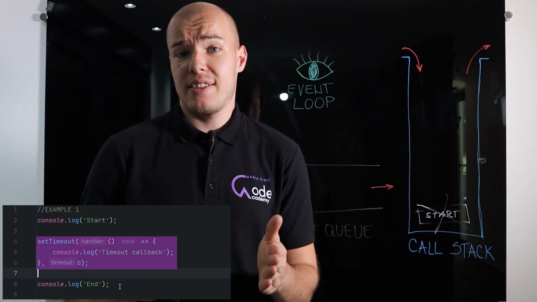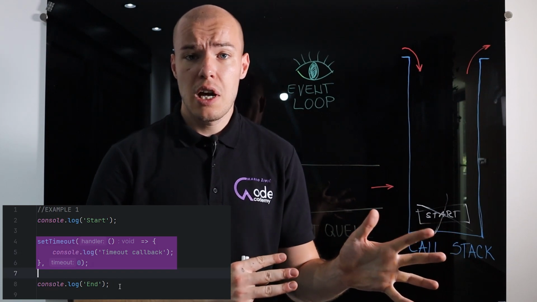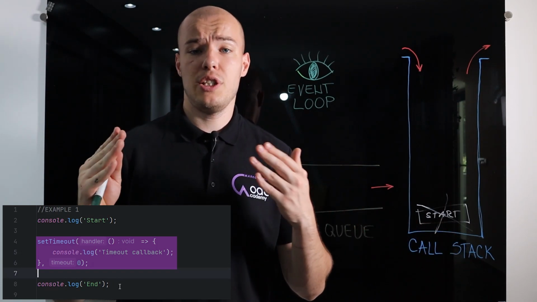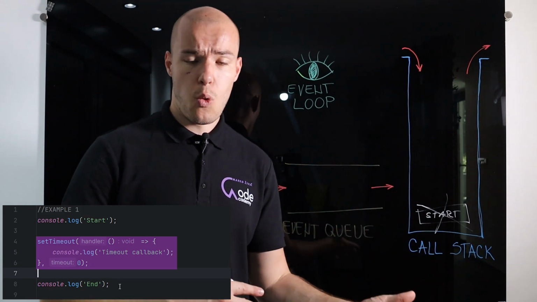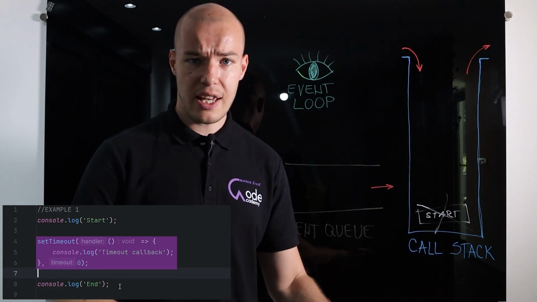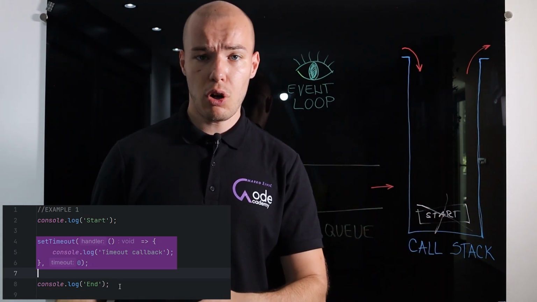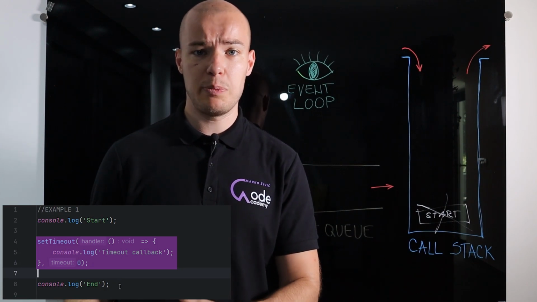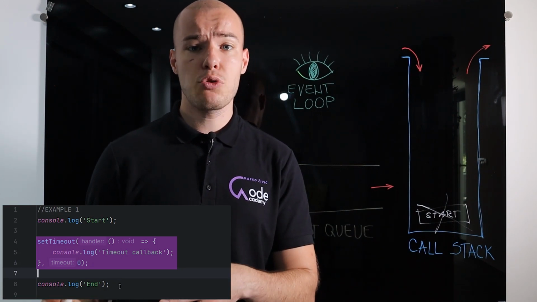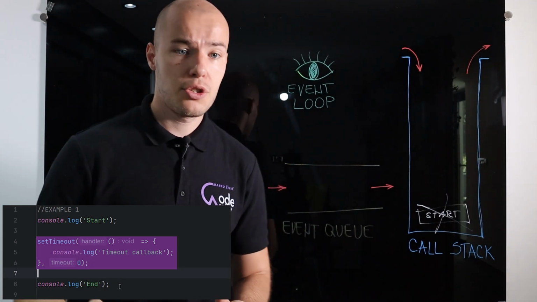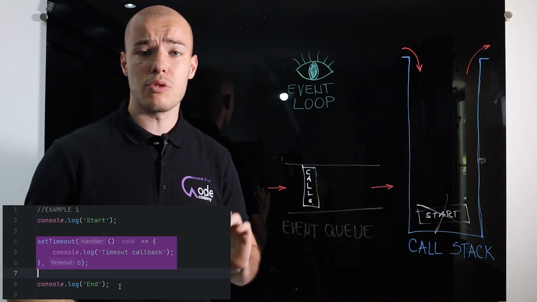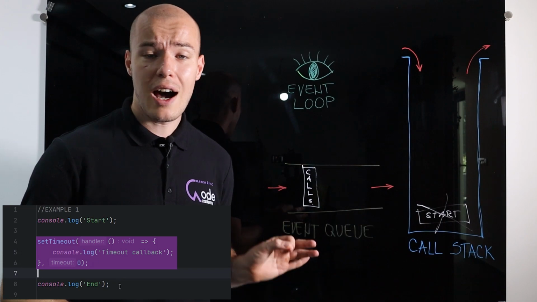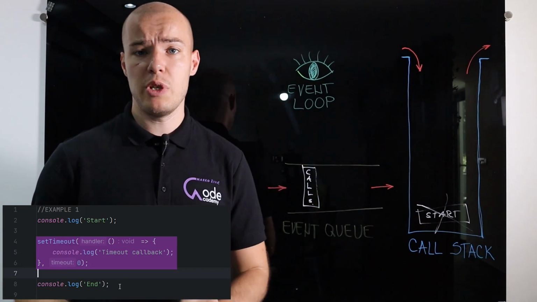If we had some timeout, it would be created as a process that would be counting behind the scenes, waiting for it to count down to the end and then push the callback onto the event queue. But because we have no timeout, it is going to be pushed right away. So let us do that. It is going to sit on our event queue until its turn arrives to be executed.